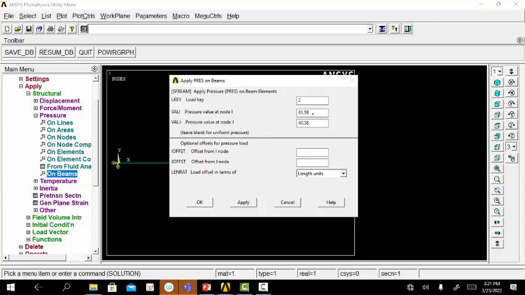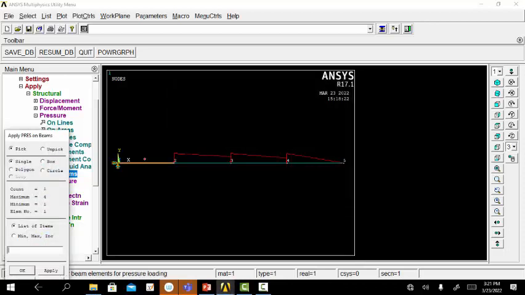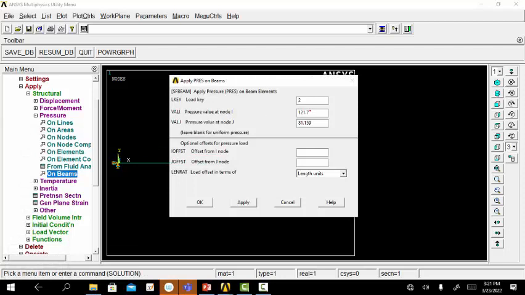So now also the load key is 2. So for this element, the value at the ith position is 121.7, and at the jth position 81.159 Newton per meter. So now at the last element, the value at the ith node is 162.28, and at the jth position 121.7 Newton per meter.